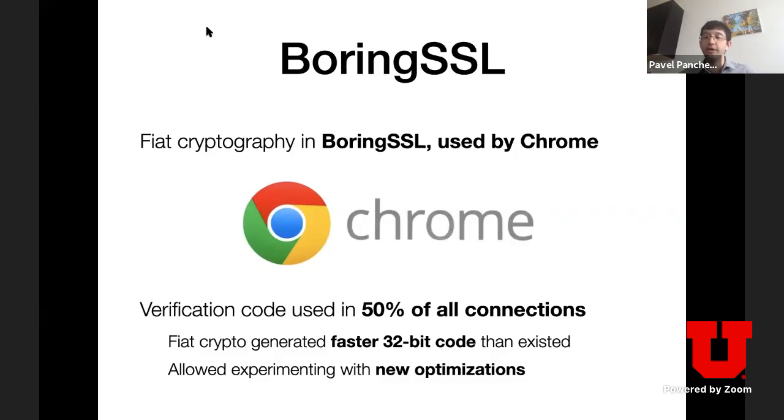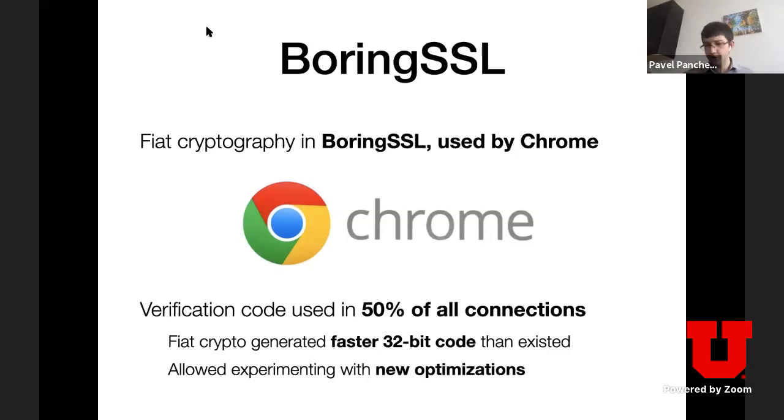In one case, it generated specialized 32-bit code, whereas no code for 32 bits existed at all because it was seen as too tedious to write. And it also allowed them to experiment with a bunch of new optimizations that they'd hypothesized, but it was too tedious to implement them when the stuff you're modifying is hand-coded assembler. But because it's been replaced by this generated code, it's a lot faster and of course known to be bug-free as well.